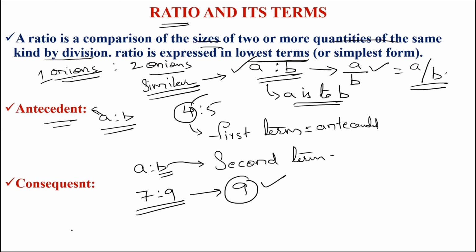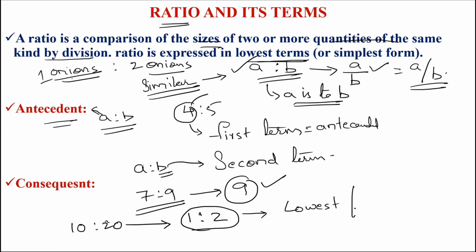Lowest terms means, for example, 10 is to 20 is not yet a ratio. We divide by 10, so we get 1 is to 2. This 1 is to 2 is called the lowest form, and it is called the ratio, where 1 is the antecedent and 2 is the consequent. We have to write the lowest form.